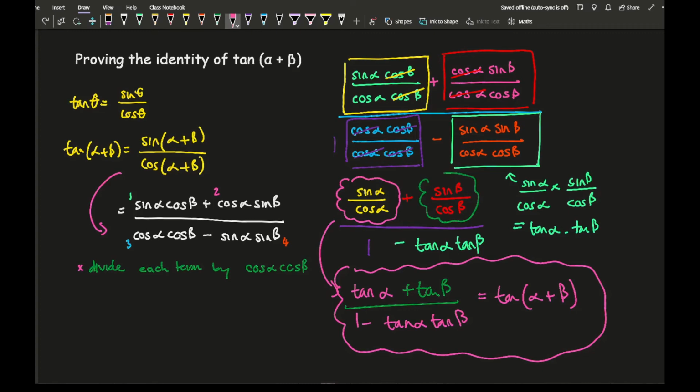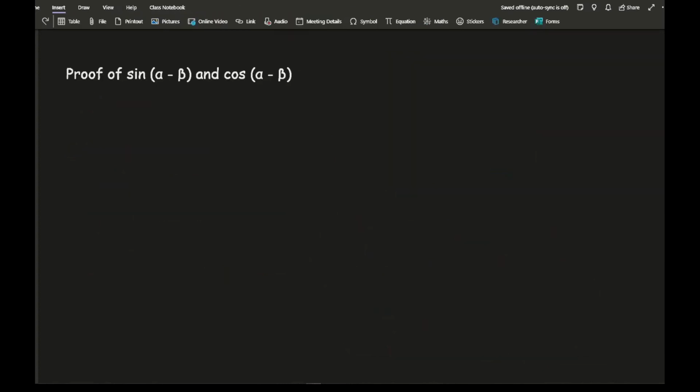So now let's have a look at when your compound angle is created by taking one smaller angle away from a larger angle. In this case, let's prove what sine alpha take away beta is and what cos alpha take away beta is going to be.